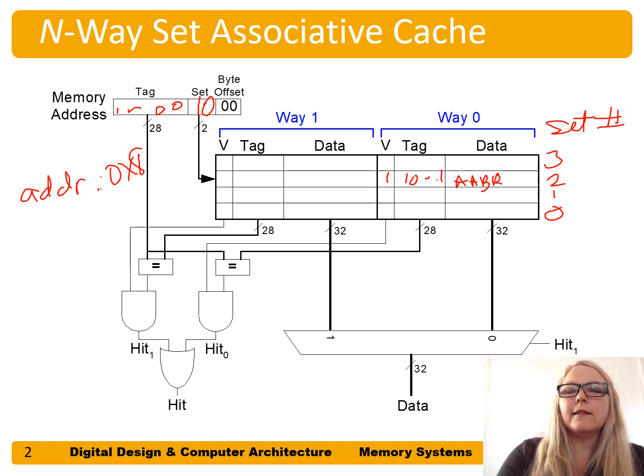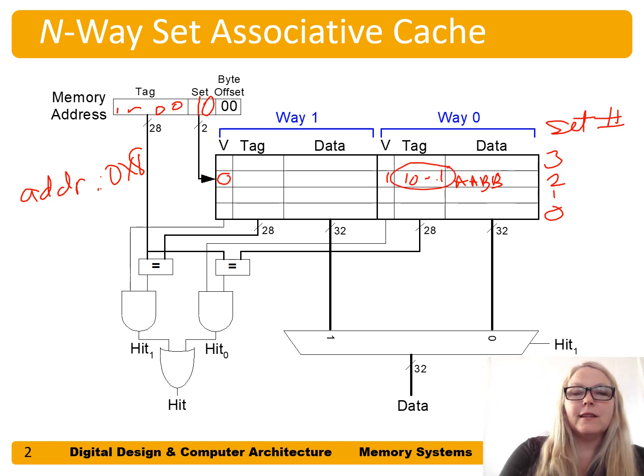Some random data that it had in it, and let's say 32 bits of data. And let's say that this way of the cache were not valid, then it wasn't a hit because, well, now we have to compare 2 tags and say, is this tag the same as the tag that I'm looking for? I would compare here, this would get a 0. And I would also compare on whether it's the same as this tag, but would also need a valid.